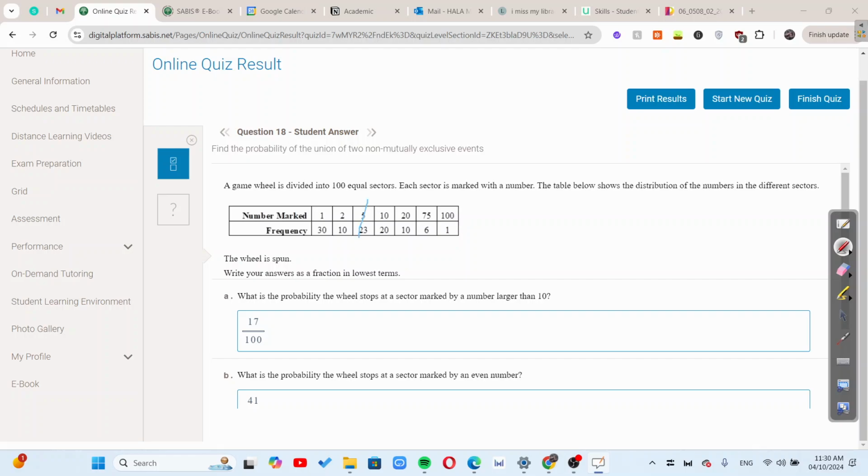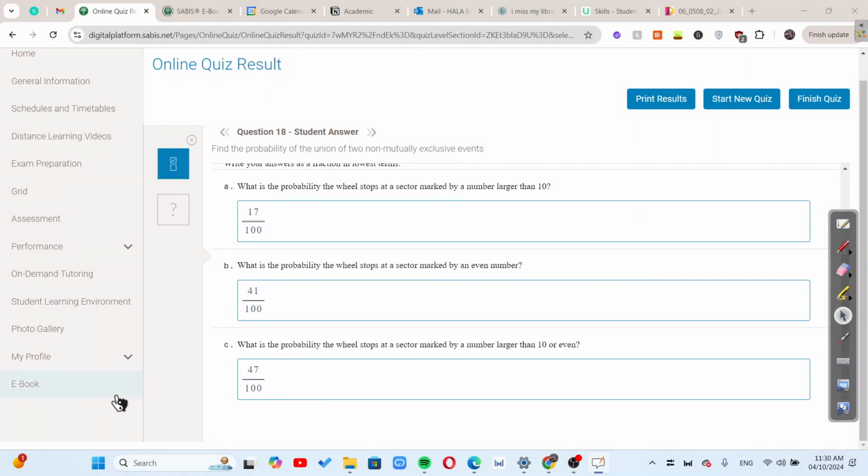So just without 5 and 1, because 2 is even, that's why you accept it. 10 is even, that's why you accept it. 20 is even and it's larger than 10, that's why you also accept it. 75 isn't even, but it's larger than 10, so you accept it. 100 is even and larger than 10. So you're gonna do 10 plus 20 plus 10 plus 6 plus 1, which is 40, and 6 plus 1 is 7. So you're gonna get 47 over 100.